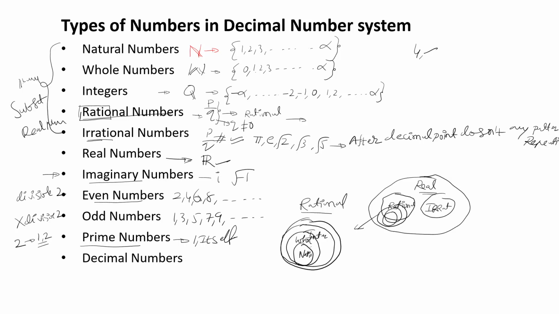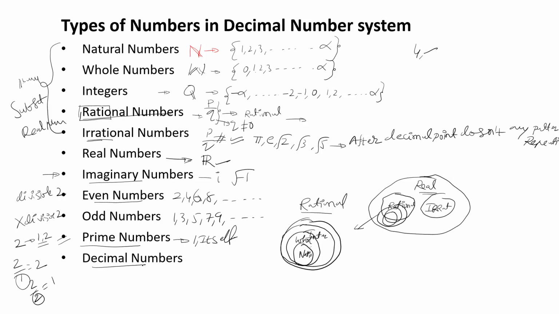So the factors of any prime number are either 1 or itself. 2 by 1 is equal to 2, it is divisible. 2 by 2 is equal to 1. So the factors are 1 and 2 only, so that is called a prime number. So a prime number has only 2 factors: one is 1 and the other is the number itself.